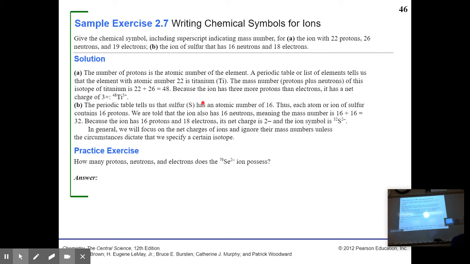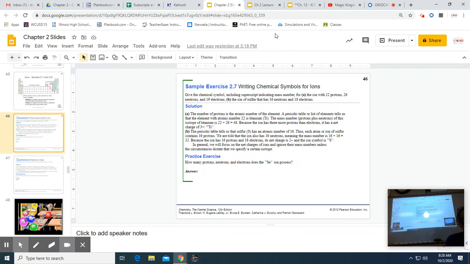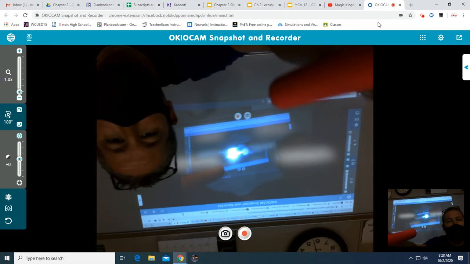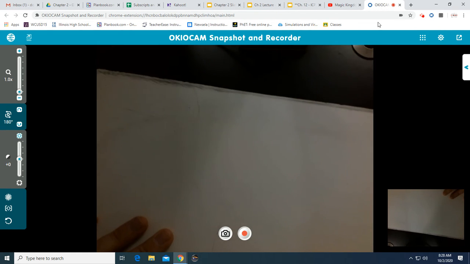Let's look. I told you it's exciting today. All right. Practice exercise time. How many protons, neutrons, and electrons does the Se-79 or selenium-79 ion possess? Okie dokie. So we're going a little different route. What I like about these is we tend to see different approaches to how we can solve some of these questions.